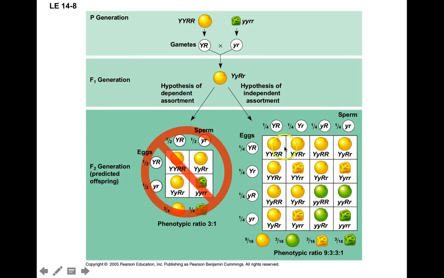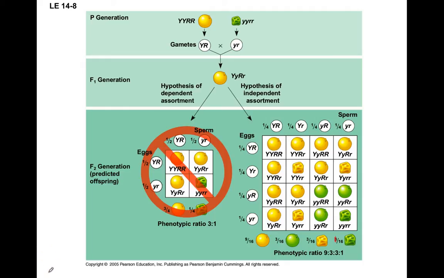And he saw that 9 out of 16 were yellow and round, 3 out of 16 were green and round, 3 out of 16 were yellow and wrinkled, and only 1 out of 16 was green wrinkled, like one of the parent. This is a mistake here in the PowerPoint. It should have been 1 out of 16.